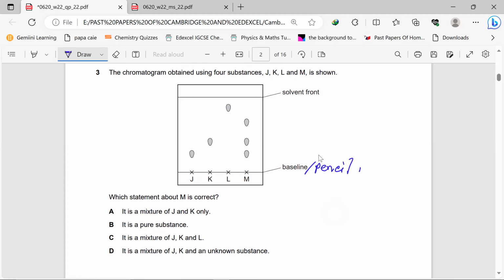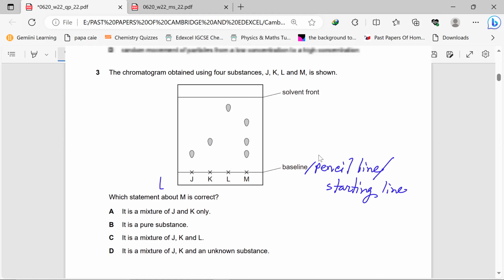It's the same synonymous term you will get in your book: pencil line, baseline, or starting line. From the starting line, we give the spots for the different inks or different mixtures of chemicals. Then we'll run the solvent.